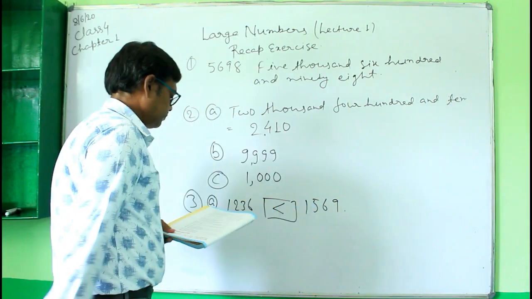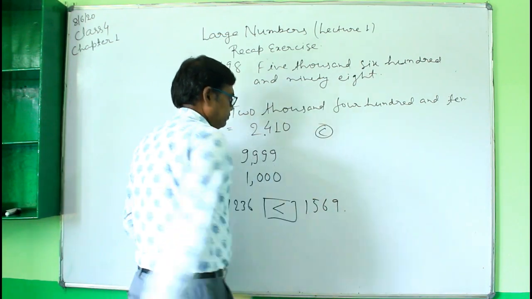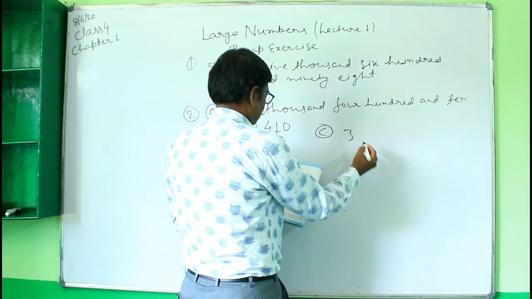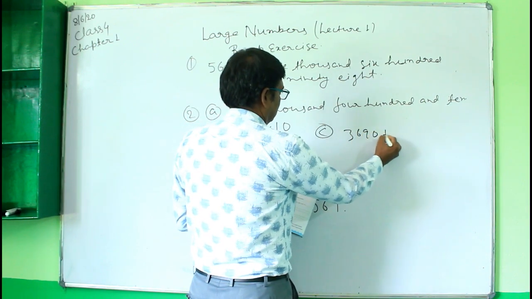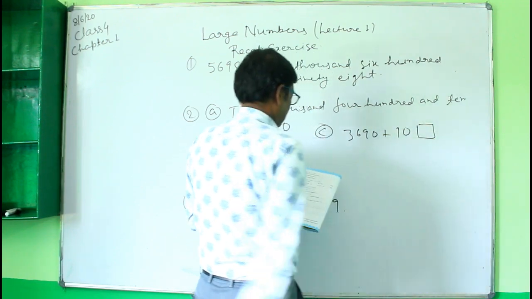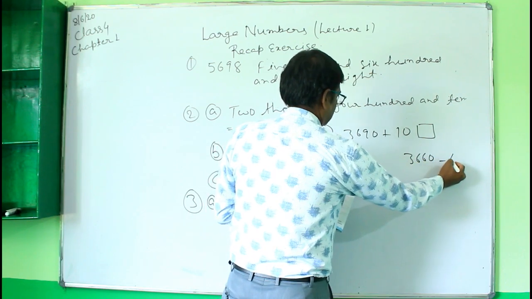The next one, I will solve C. In question number C, you will first solve 3690 plus 10, then a box, and the other number is 3660 minus 60.